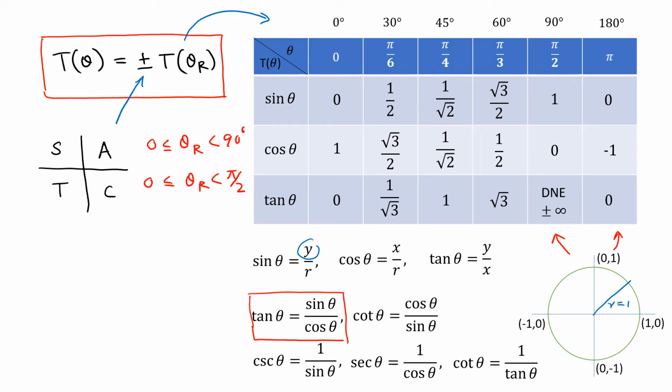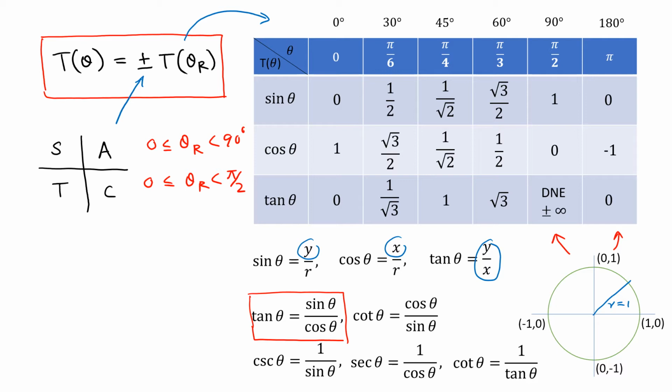Cosine is just the x coordinate, and to find the tangent, you just divide the y coordinate by the x coordinate. That's how you find the last two columns. So if you remember the table and the circle, you can find all those common values.